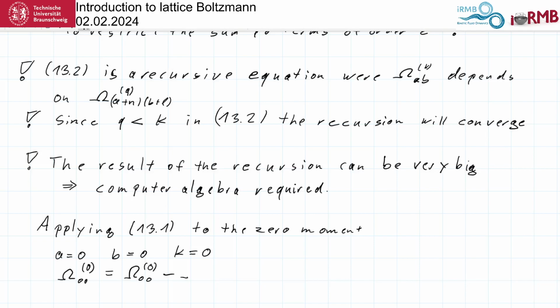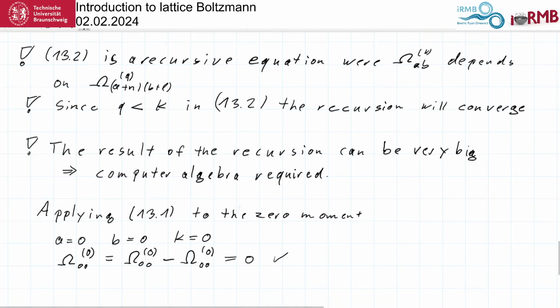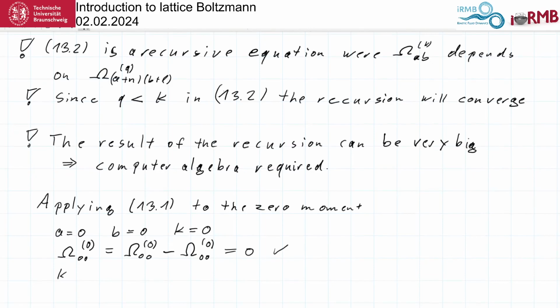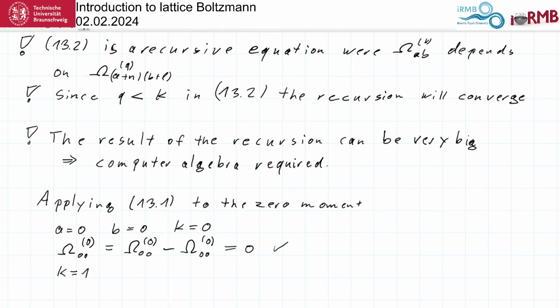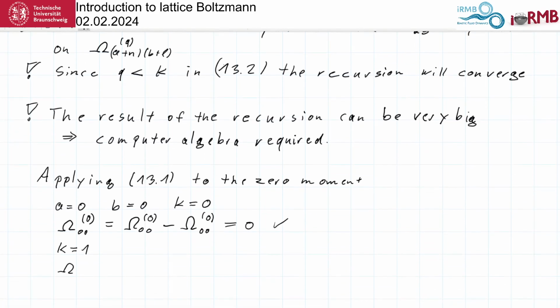And from the equation itself, we get omega 0,0,0, which means that all of this is 0. So we see that to the 0 order, it is 0. Okay, this is not wrong. So let's step up. We say k equal to 1. So omega 0,0,1 is omega 0,0,1 minus omega 0,0,1.